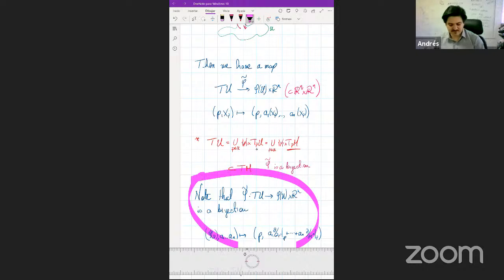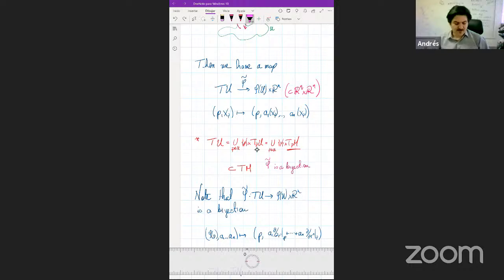This is exactly what I'm saying. So this is going to be my open set where I'm going to define a chart. And precisely this map is going to give me that information of a chart. Okay?